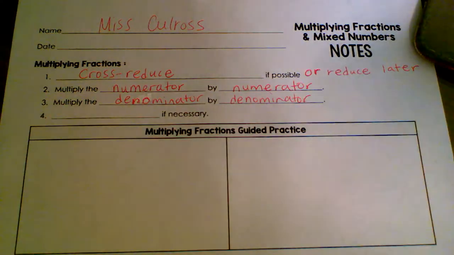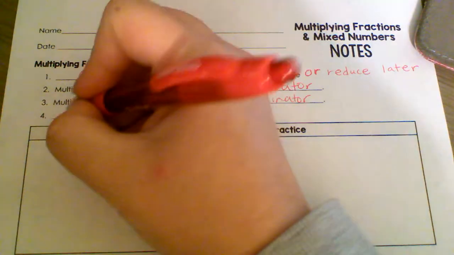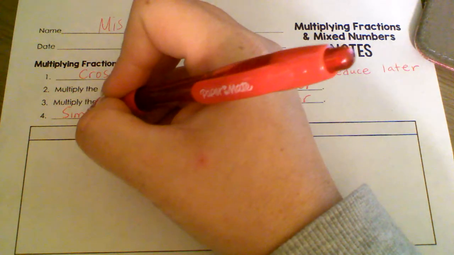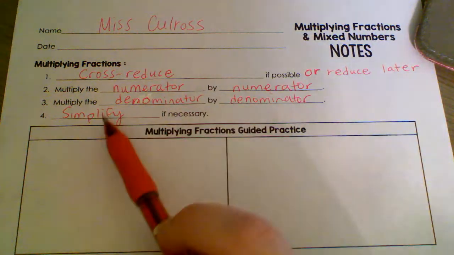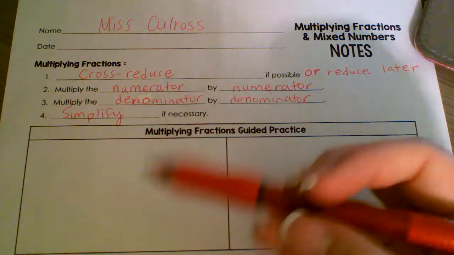So you just multiply across, going left to right. Again, I'll probably have to reduce a lot, but even if you cross reduce from the start, you will probably have to simplify most times anyway, which we've practiced before. Simplifying means we're finding a common factor so that they can become smaller.